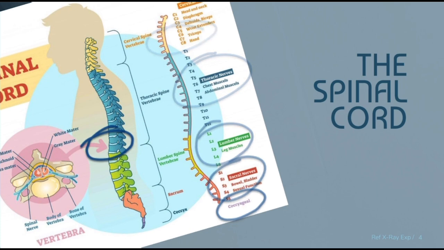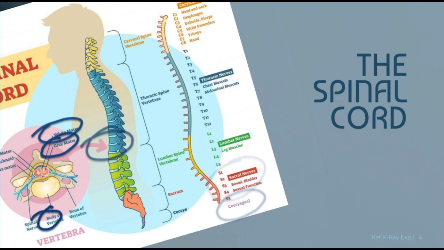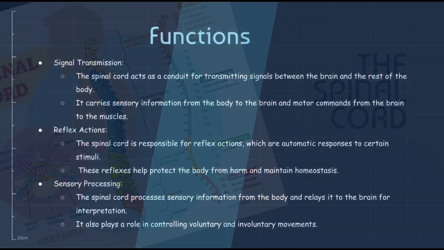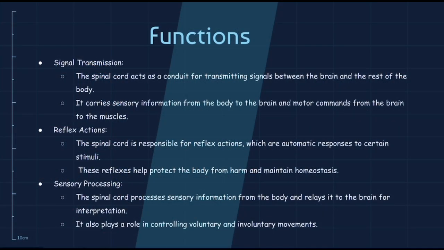We can see in the diagram our white matter, our gray matter, the body of the vertebra, our spinal cord, our spinal nerve, which is really important. So this is a really good picture that breaks down the 5 different segments and also points out the vertebra in our spinal cord. Let's discuss the functions of the spinal cord.